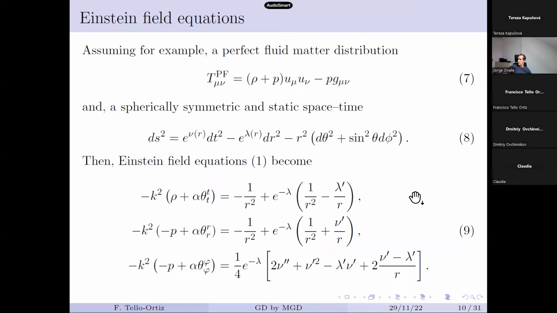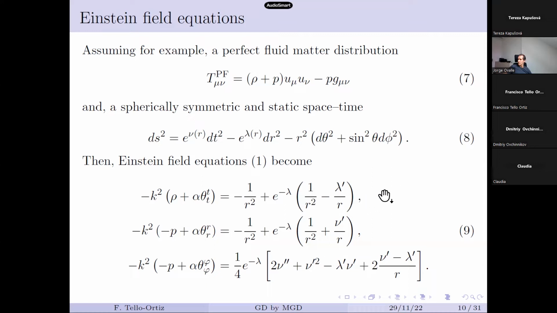But in this case, if you count the degrees of freedom, you have density 1, theta TT component 2, the isotropic pressure 3, theta RR 4, theta 5, and both metric potentials.